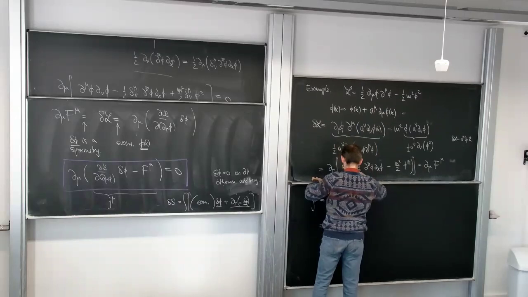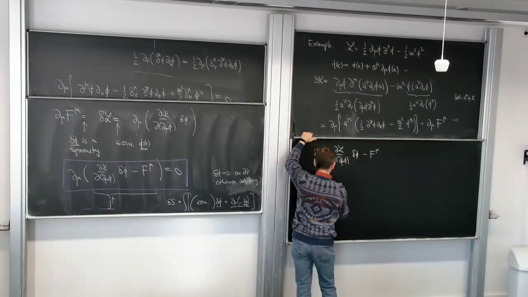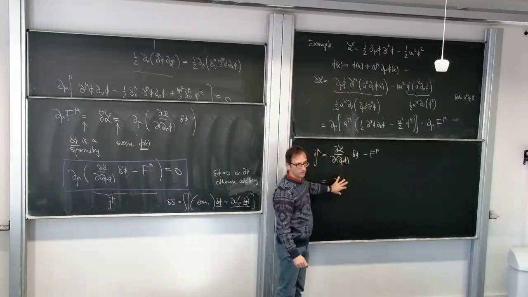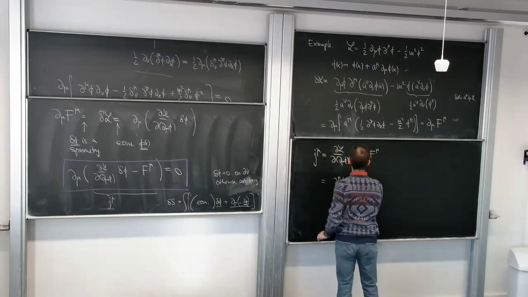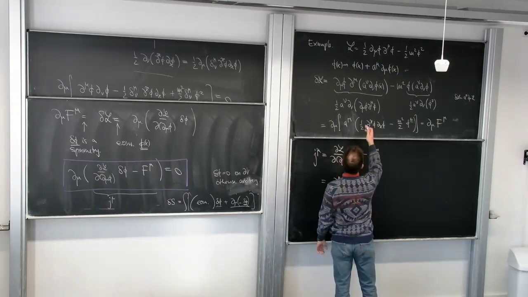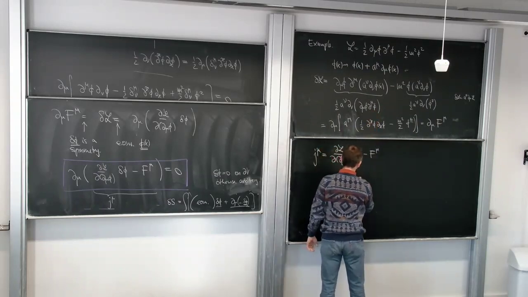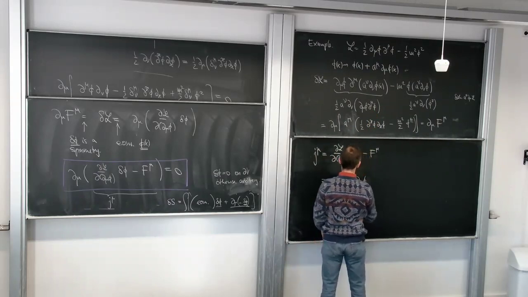And the variation is easy. It's just d mu. The 2 goes away again, so it's d mu phi. And the variation of the field is a. Now I can't write mu as well. I have to write a different letter. So nu d nu phi. And that's it.